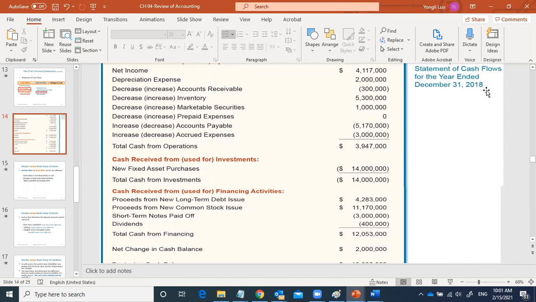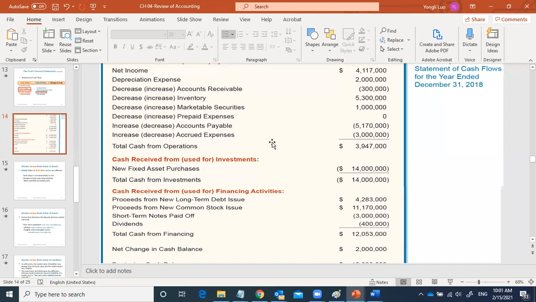Keep in mind, the balance sheet is just the financial position at a specific point in time, not over a particular period of time.